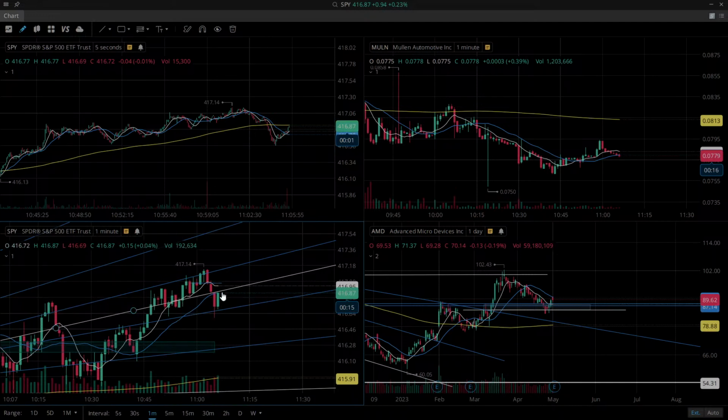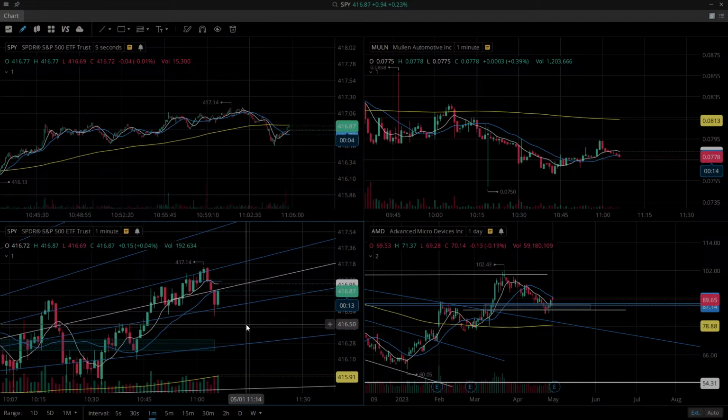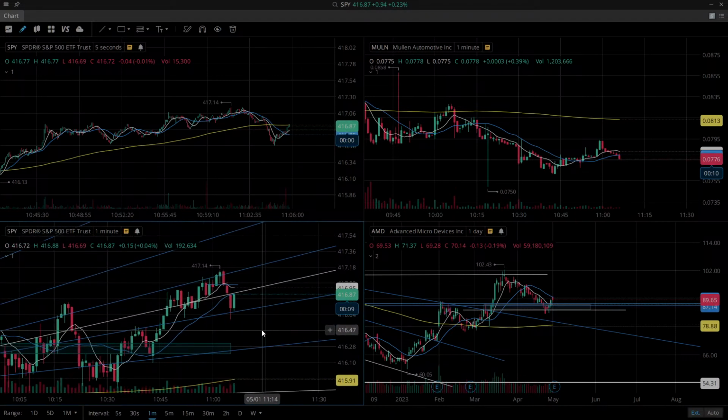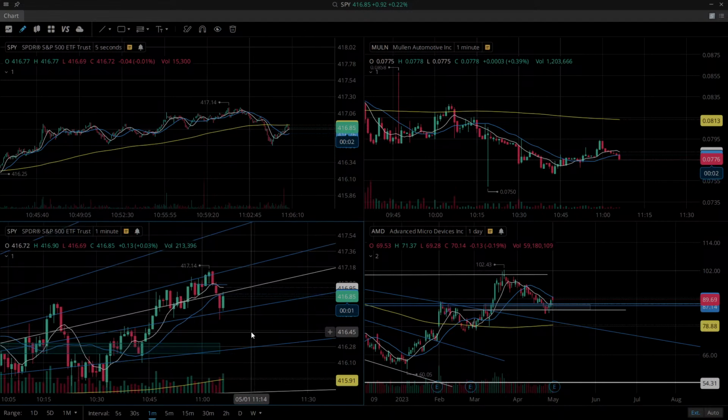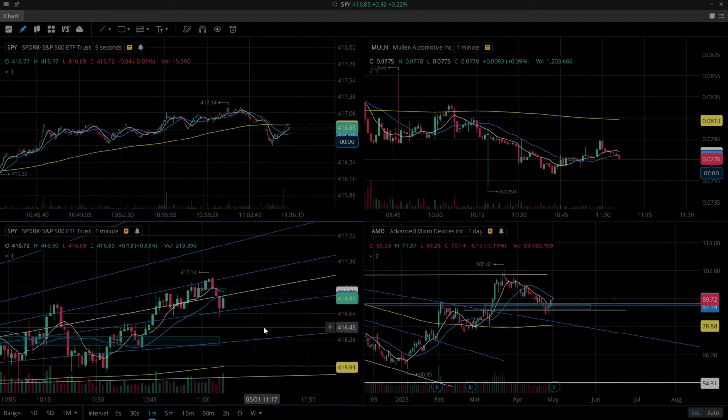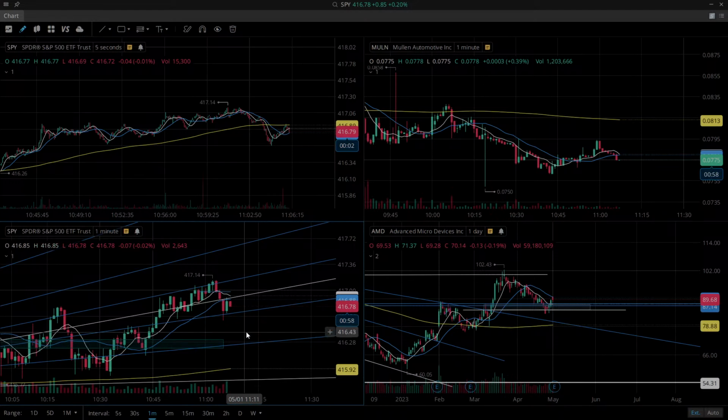Right to that regression line, guys. That is such an awesome tool to be able to use these fan lines like that. All right, I'm going to try not to make it look too easy here.